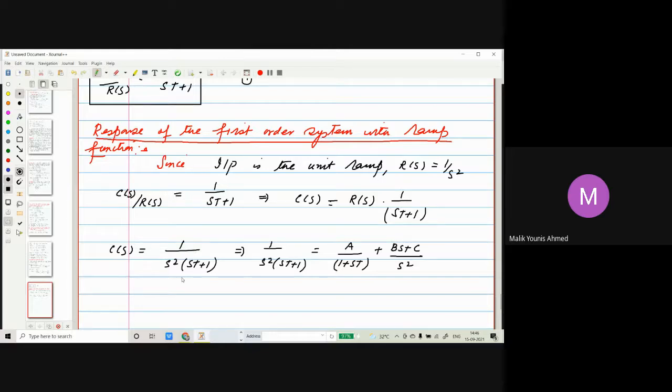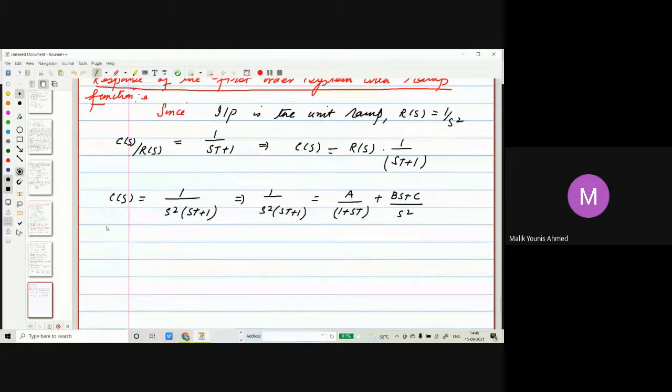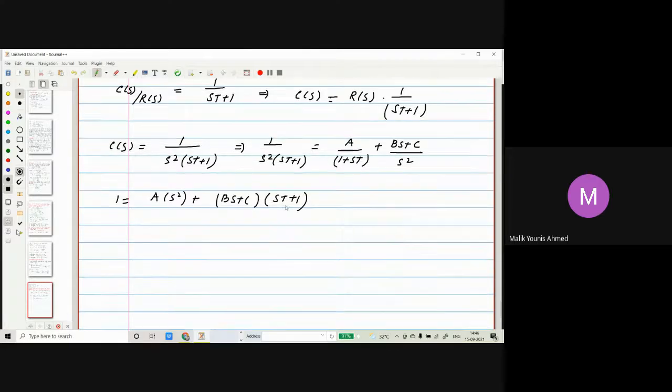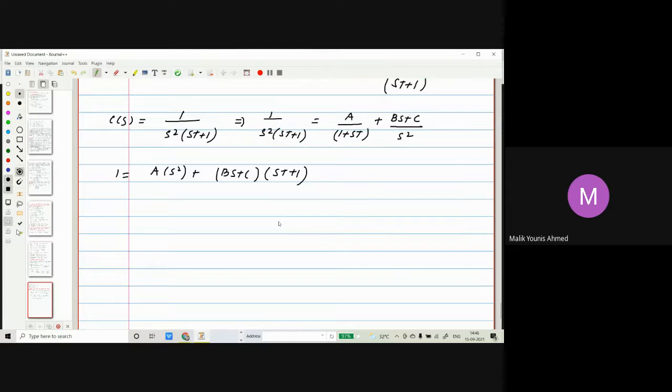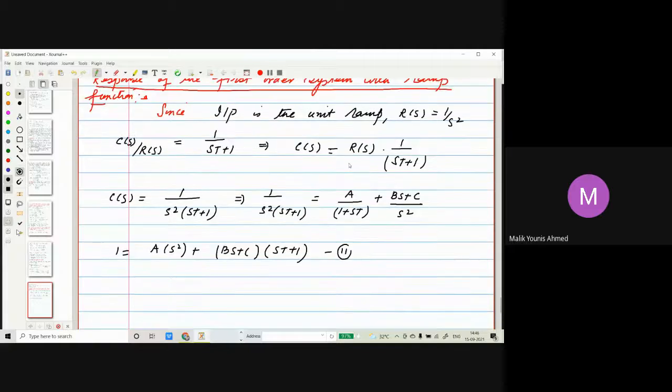So multiplying by the denominator, 1 will be equal to A into S square plus (BS plus C) into (ST plus 1). Let us call it equation number 2.